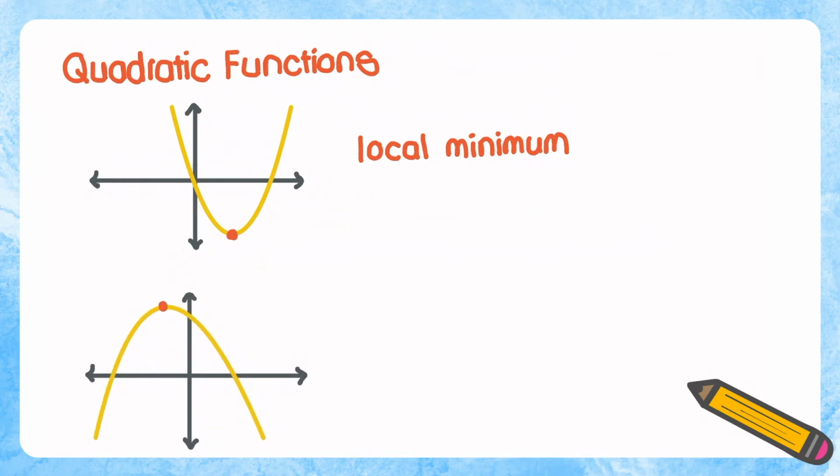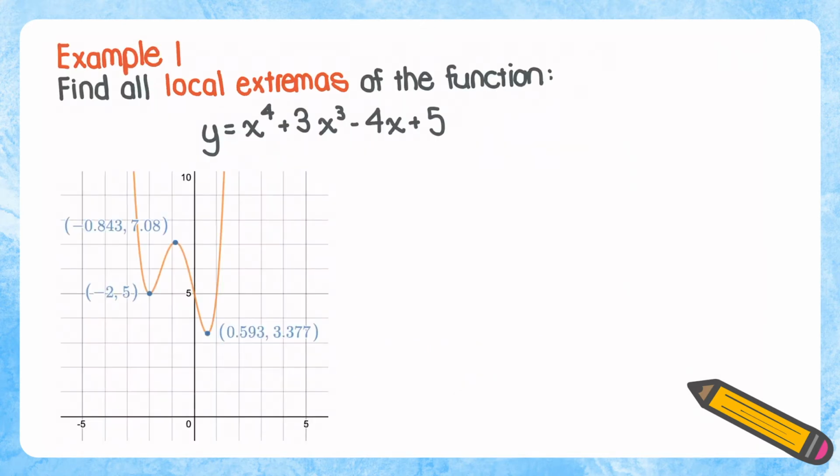In this case, we have a local maximum, the high point. So for quadratic functions, we can have local extremas. So let's take a look at some examples together.